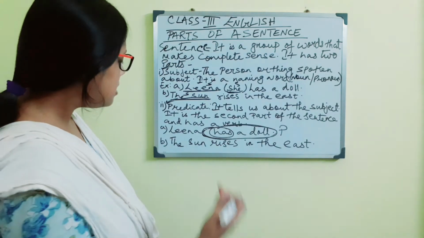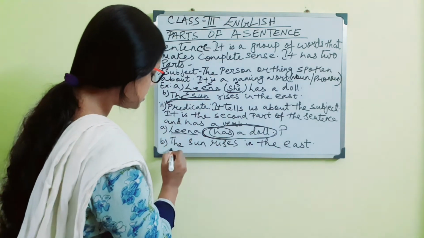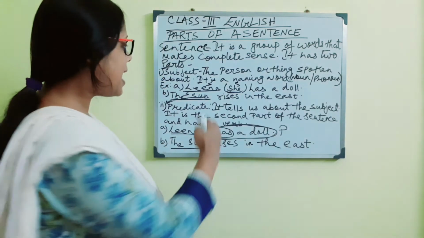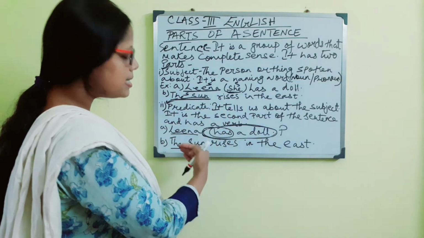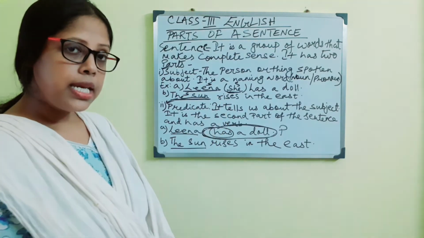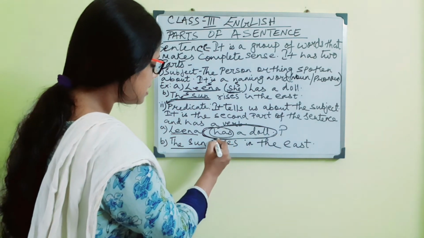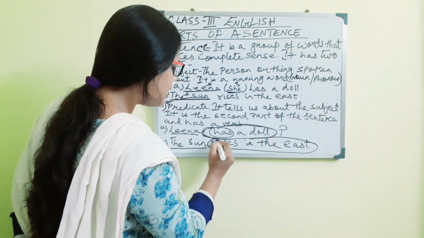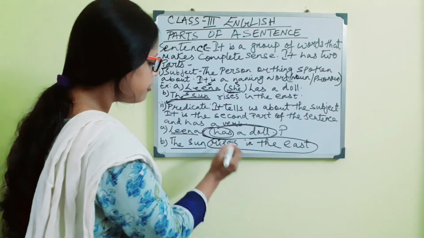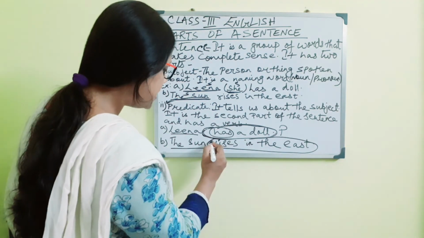Now, if you take the next example, the sun rises in the east. The sun is the subject, as we have seen. Now the sun, what does it do? It rises in the east. Now what is the verb in this sentence? The verb is rises.